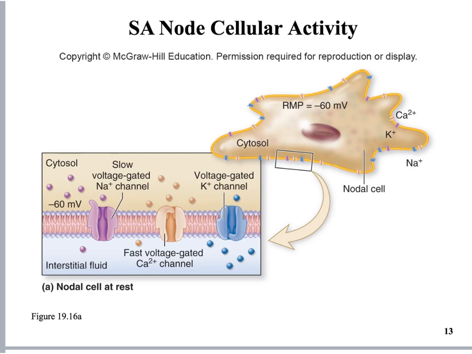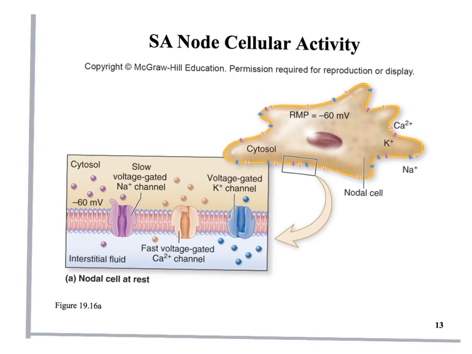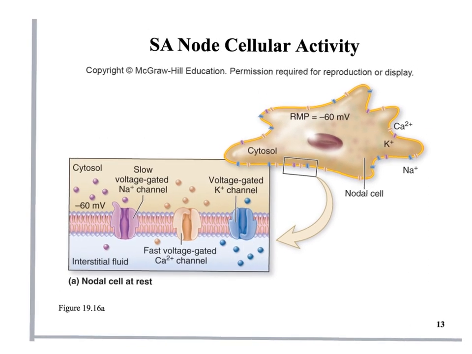Okay? Let's talk about how the node works. These are like neuronal cells. They're kind of like a mix between the two. Right? They are neuronal derived, so they fire electrical impulses similar to neurons. All right? In order to fire those electrical impulses, they have to have a resting membrane potential. What do you remember about the resting membrane potential of neurons from last semester?